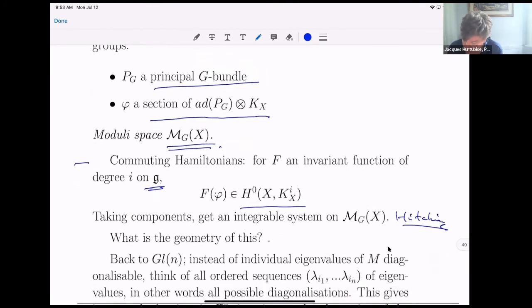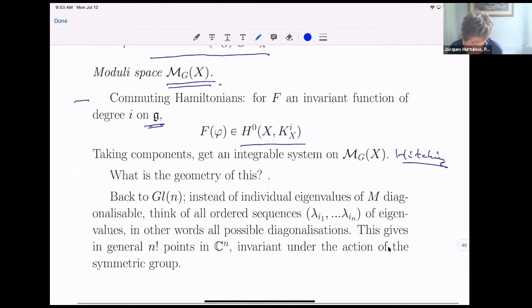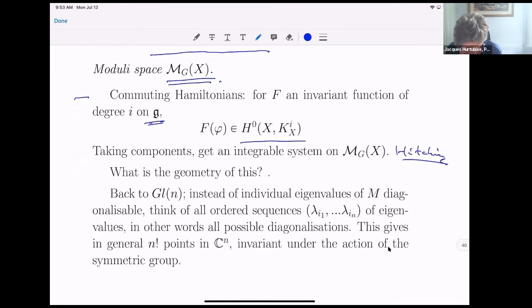So what's the geometry that occurs here? So let's go back to GL_n. Sorry, this should be phi. So instead of the individual eigenvalues of phi, I want you to think instead of all the ordered sequences of eigenvalues. Okay, it's basically the same data.